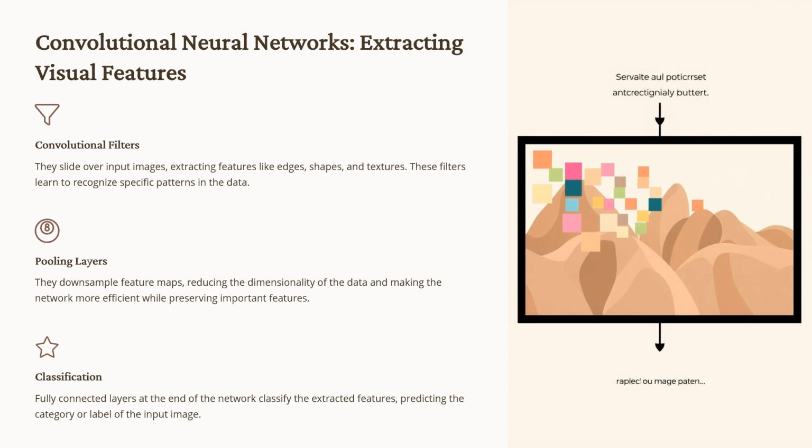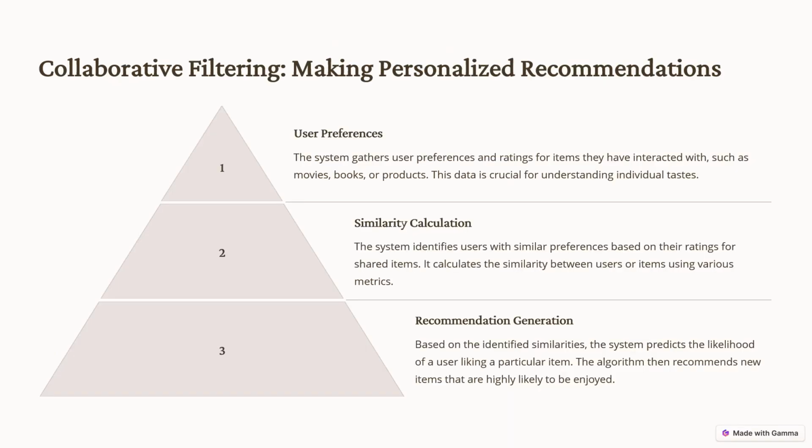The pooling layers downsample the feature maps, which reduces the dimensionality of the data, making the network more efficient and improving the features. Then classification is used for extracting features and predicting categories or labels of input images.